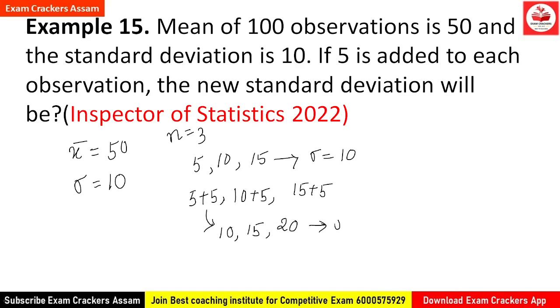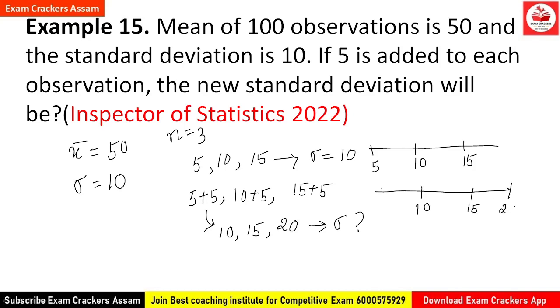Now what happens to sigma, right? If you plot the 3 values on the real line, say this is your 5, this is 10, this is 15. Each one is at a distance of 5 from the others. And the second set of data you also plot: 10, then 15, then 20.